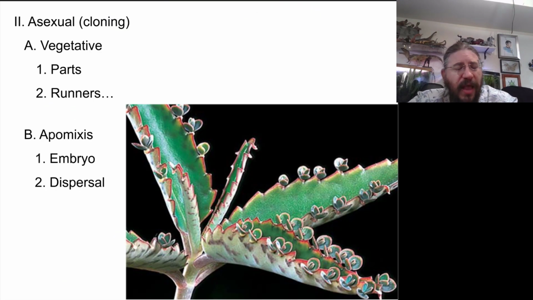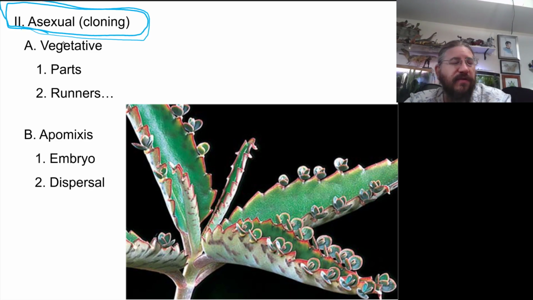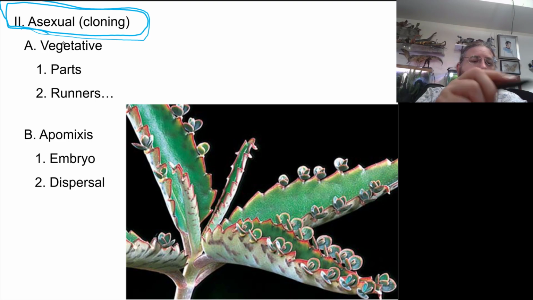Okay, now let's go on into asexual reproduction. We've hit sex with yourself, and we've hit sex with others. Now let's talk about reproduction without sex. Okay, so first off, we have vegetative reproduction.